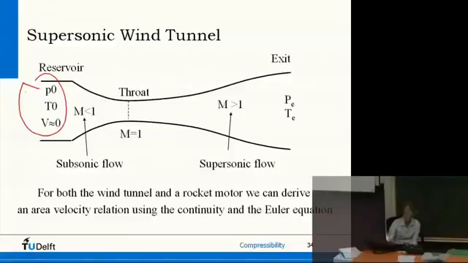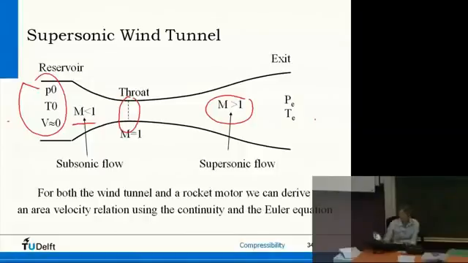The flow speeds up isentropically, Mach 1 at the throat, and then the flow speed increases. Once you have supersonic conditions, it is the other way around. If you increase the area for supersonic flows, the flow expands and the density changes such that your flow speed goes up, actually. And then you have supersonic flow here behind the throat.